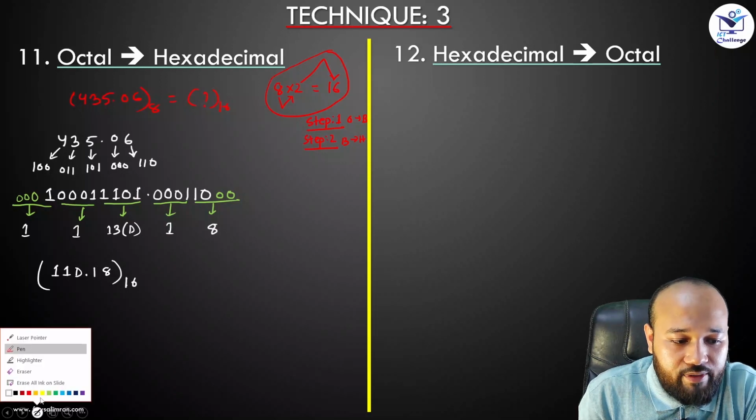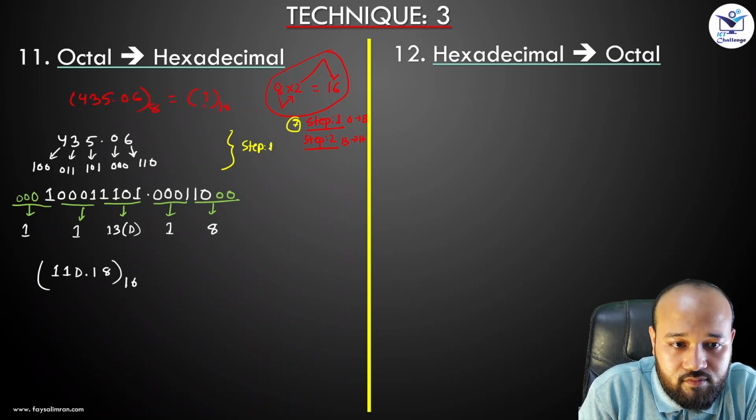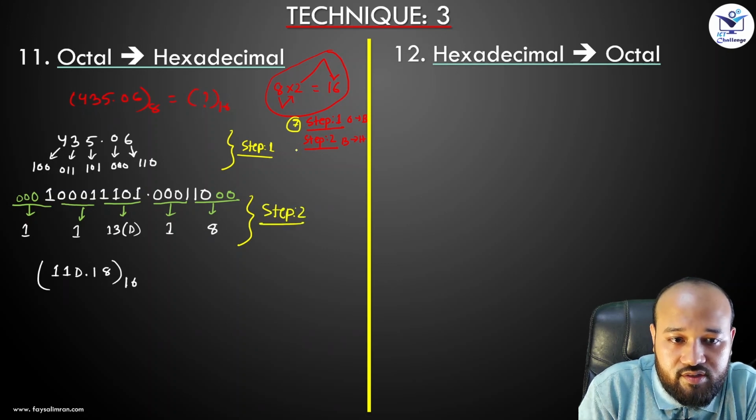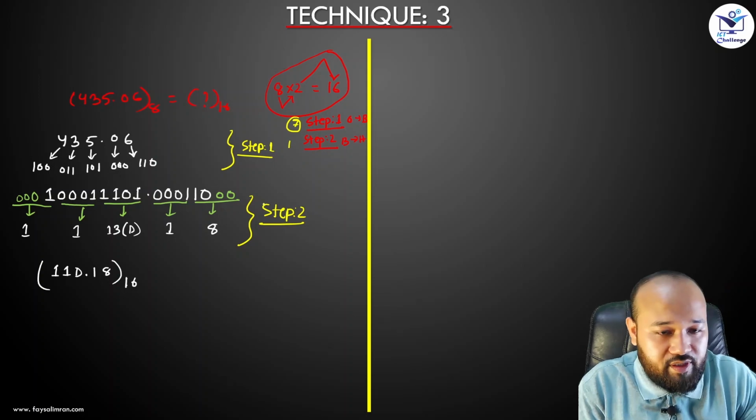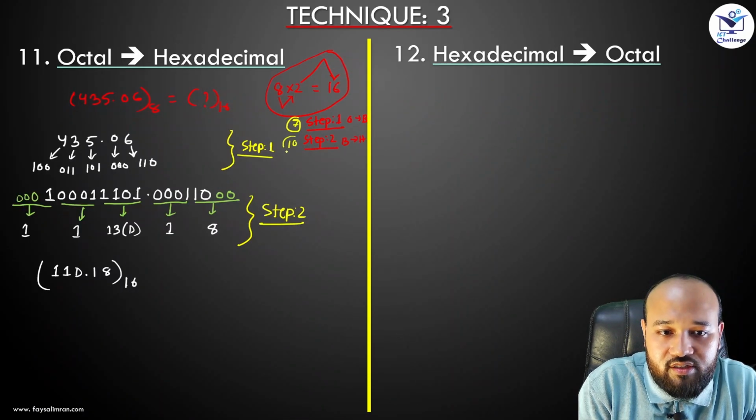So here we will get the two parts of this math. First part represents step 1. This is rules number 7, octal to binary, and second part is step 2. This is binary to hexa, rules number 10.